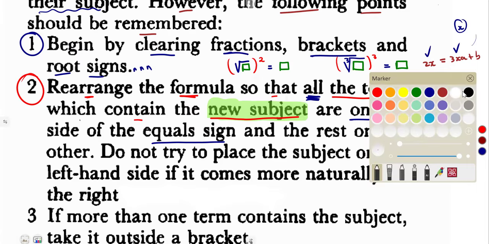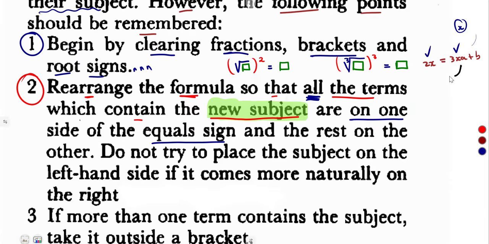So simply, I can take this 3ax to the other side because there is also x if I want to make x the subject. The moment it crosses the equal sign, remember the concept, it changes the sign. So it'll be 2x. The moment I take the 3xa this side, it will be minus 3xa, which is equal to, you are left with a positive b. So you can just write b as it is.